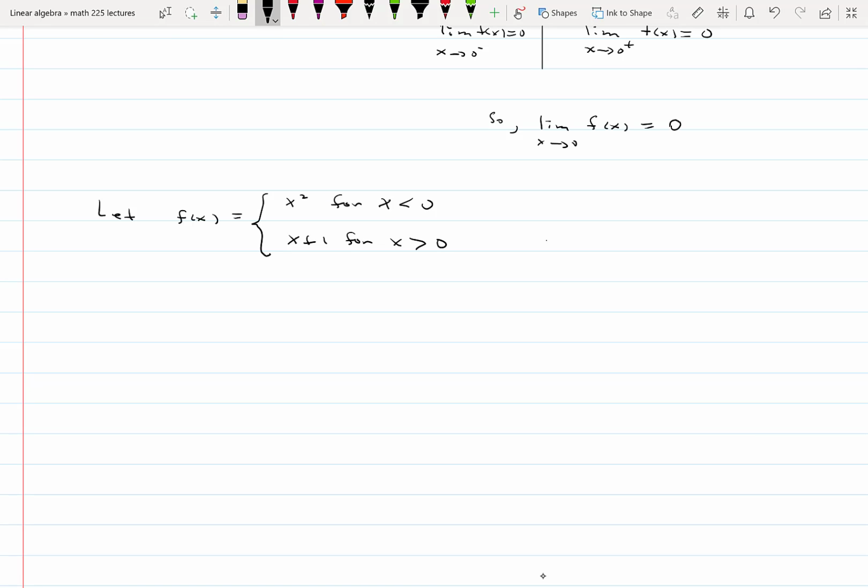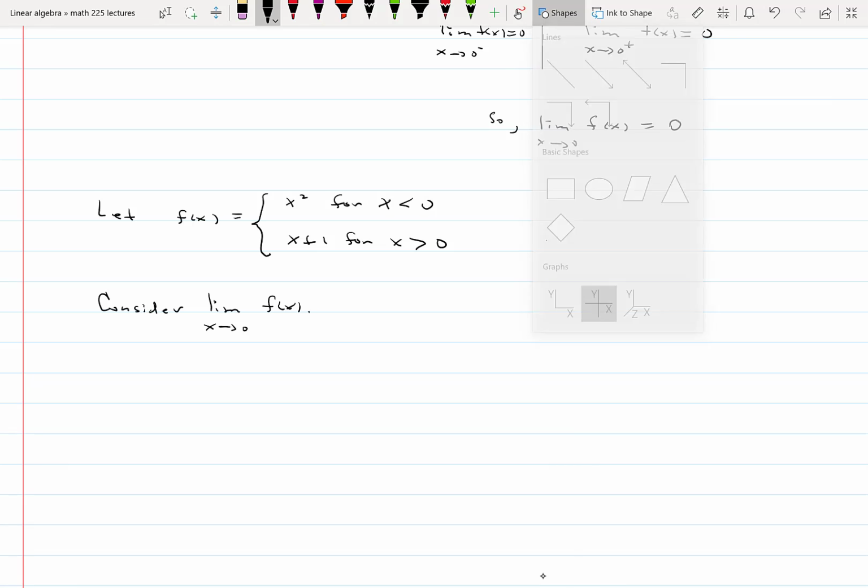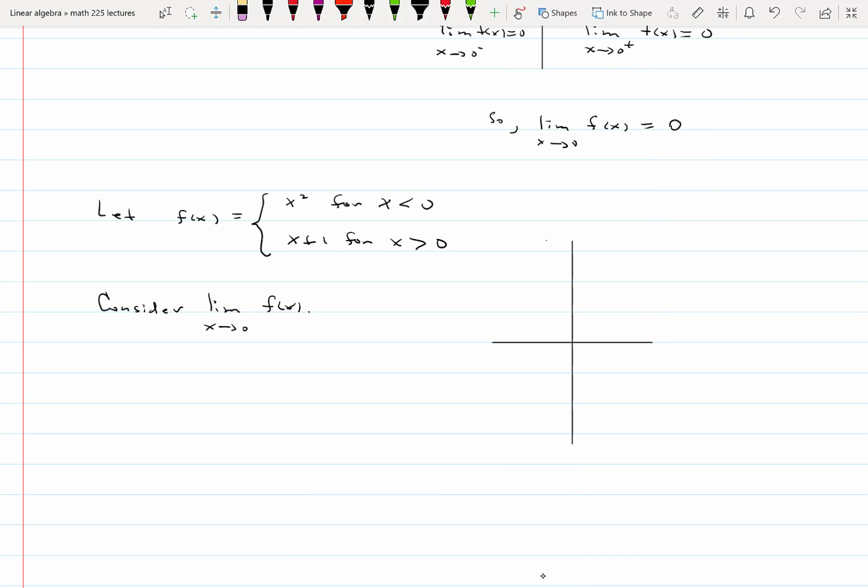Okay, and let's take a look at the graph of that function, and we'll consider evaluating the limit as x approaches 0 of the function. See if you can anticipate what the limit's going to be ahead of time. It's a good confidence builder if you can remember this stuff on your own.